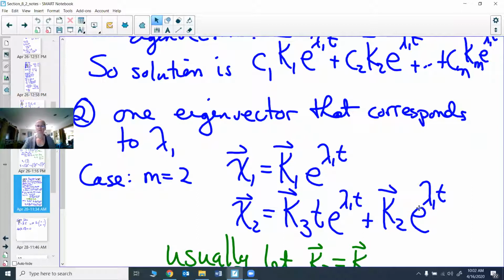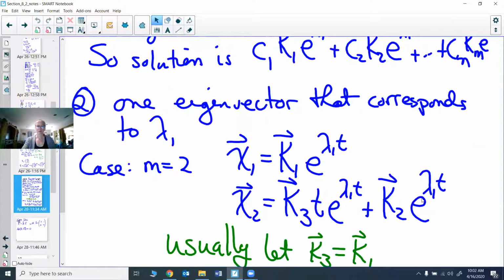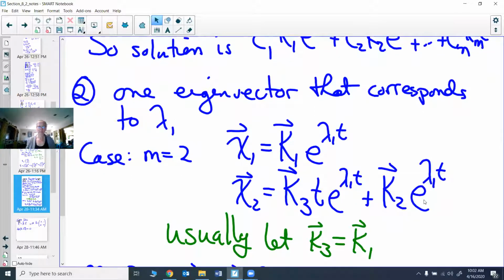This is a little different than what we saw, and we're going to do some examples showing how this works. Usually you let k3 and k1 be the same, and that works out okay. You can't let k2 and k1 be the same because then you wouldn't have linearly independent terms. But if k3 and k1 are the same, you can have linearly independent terms, and then your k2 depends on your k3 but is different than your k1.